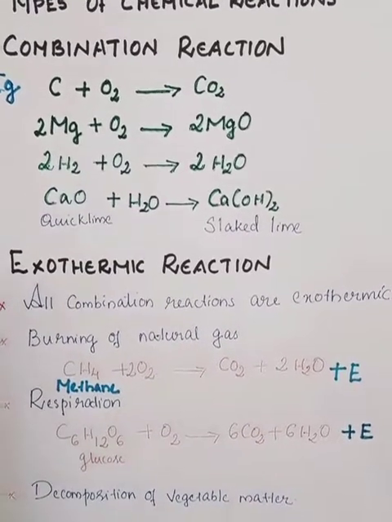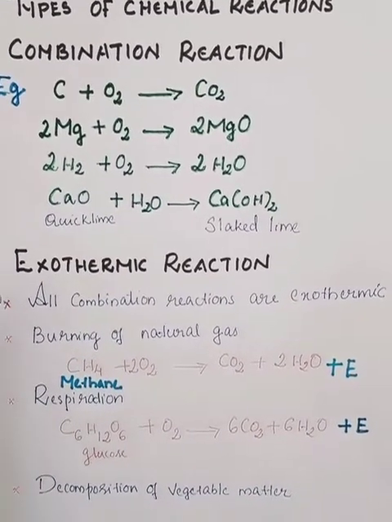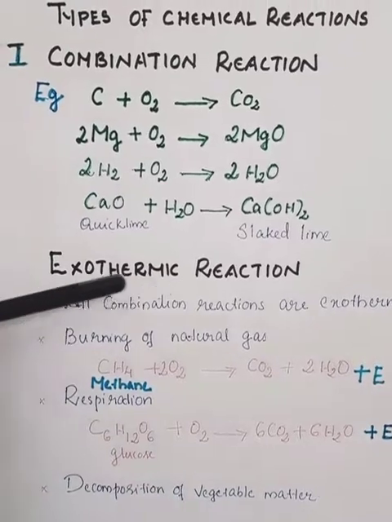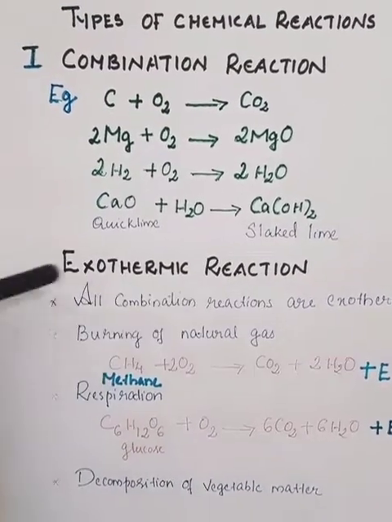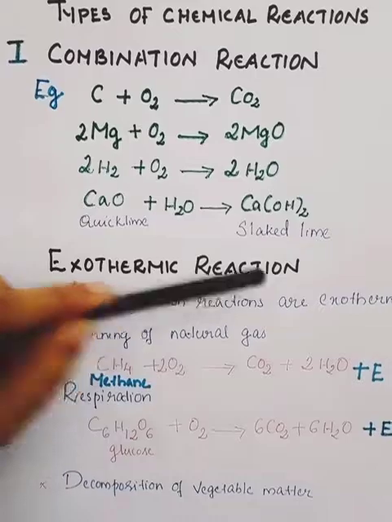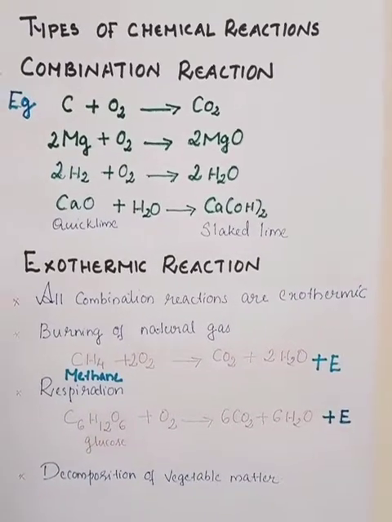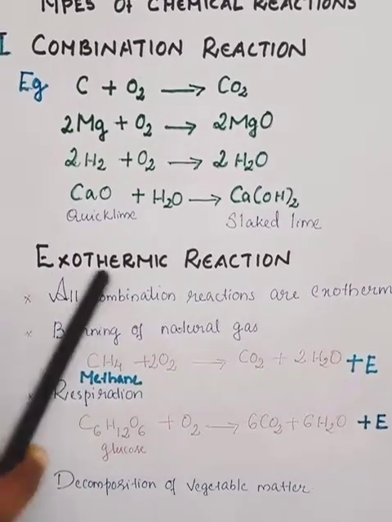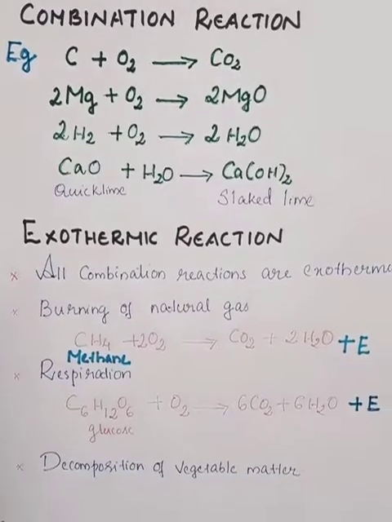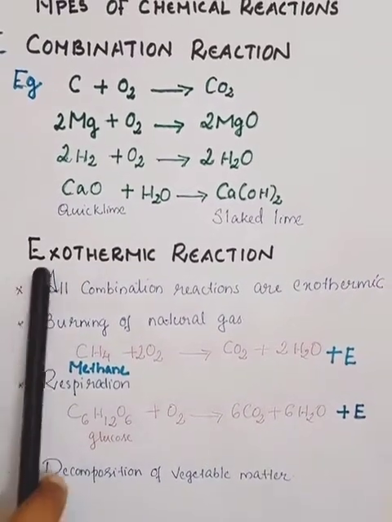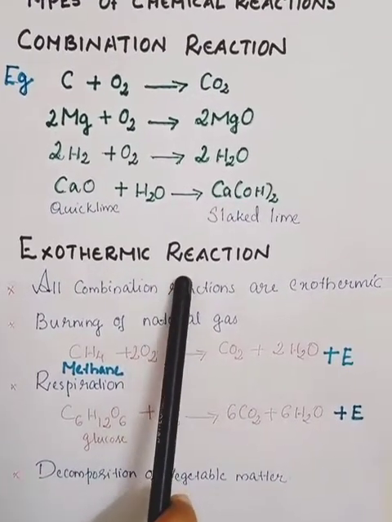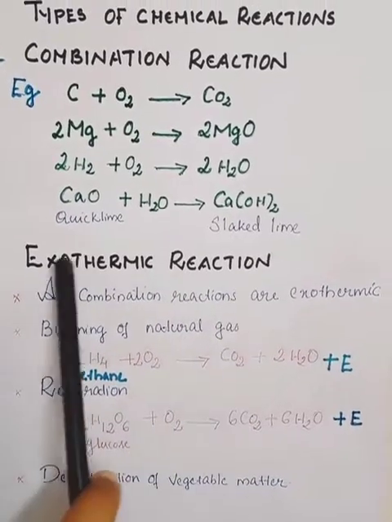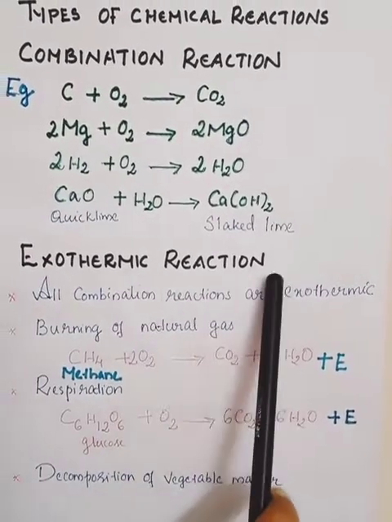Such reactions in which heat is evolved are called exothermic reactions. So what is an exothermic reaction? Chemical reactions which involve liberation of heat or energy are called exothermic reactions.